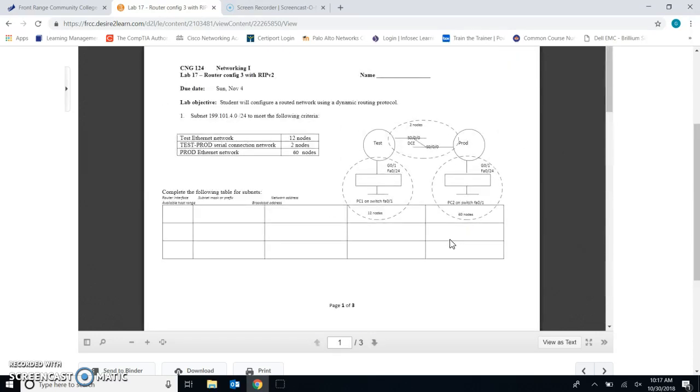I know some of you, like I said, there was more than a few, put the network address as all zeros, but we cannot start over in a network. It has to be consecutive numbering.